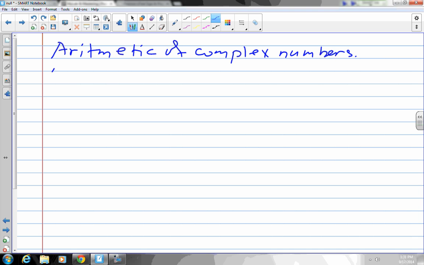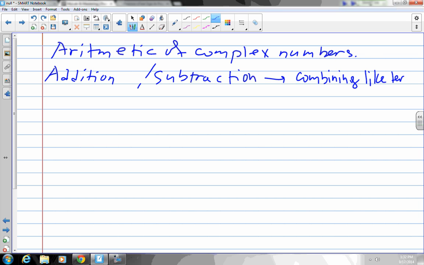So addition, subtraction is pretty straightforward. It just basically comes down to combining like terms. If you understand how to combine like terms, then you understand how to add complex numbers. Okay, so I'm just going to give you an example. There's nothing to it really.